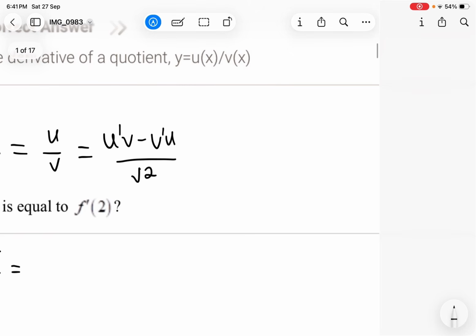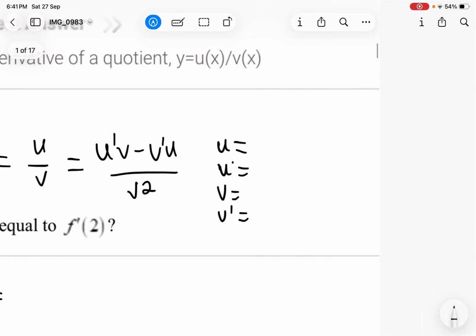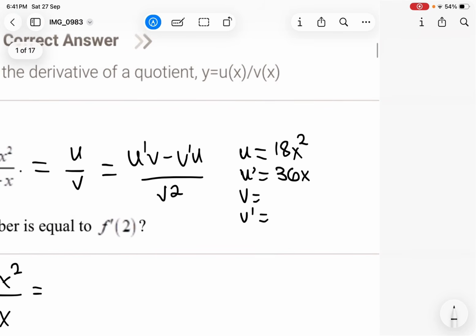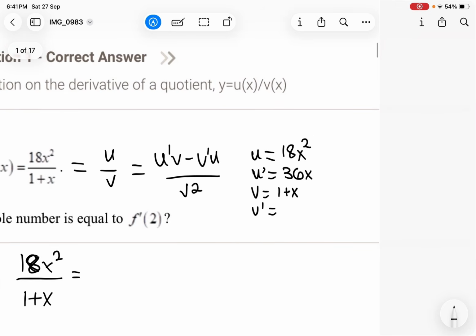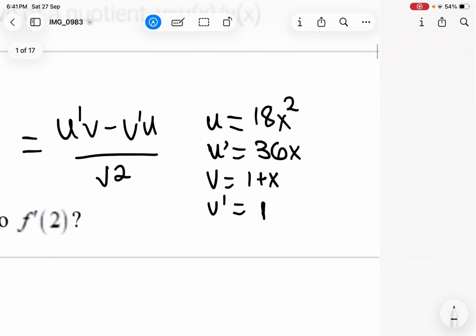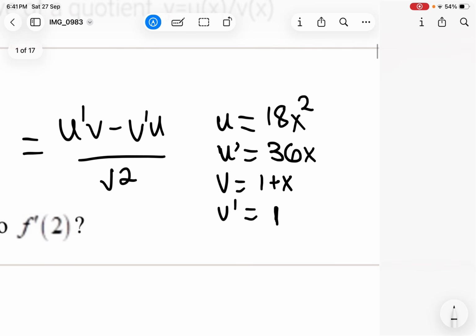First, you get the points of u prime, v, and v prime. U is equal to 18x squared. U prime is the derivative of 18x squared, which is 36x. V is 1 plus x, and v prime is the derivative of 1 plus x, which is 1, because the derivative of 1 is gone, and the derivative of x is 1.